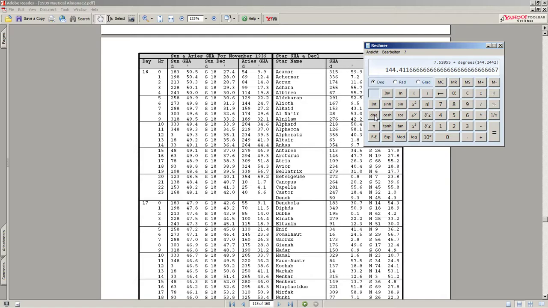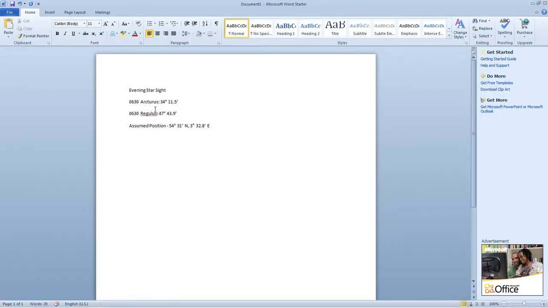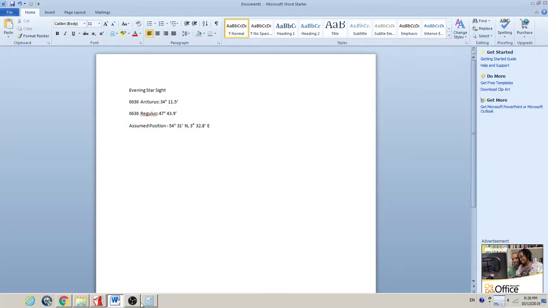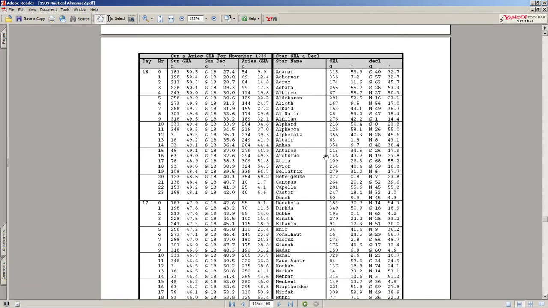Now we need to add the sidereal hour angle of the body we're looking at. The first body we want to do is Arcturus. We sighted Arcturus at 0630 with this second reading here. The next one is Regulus. We'll do that second. So for Arcturus, we find it here. There it is. The sidereal hour angle is 146 degrees, 47.7 minutes.